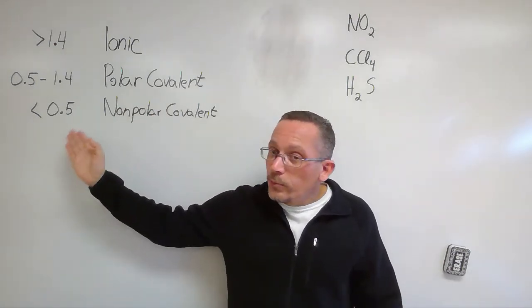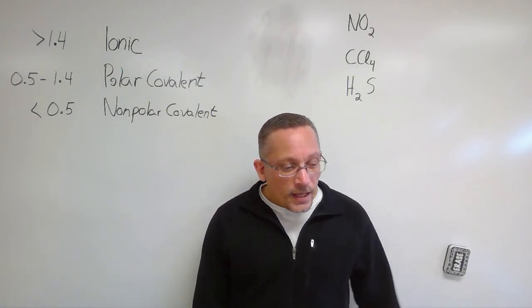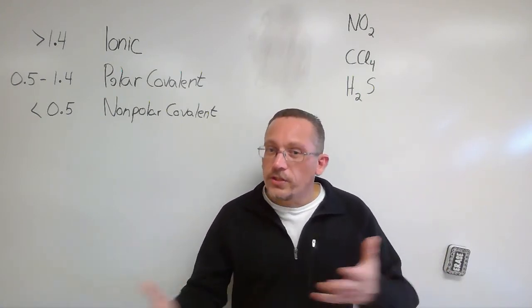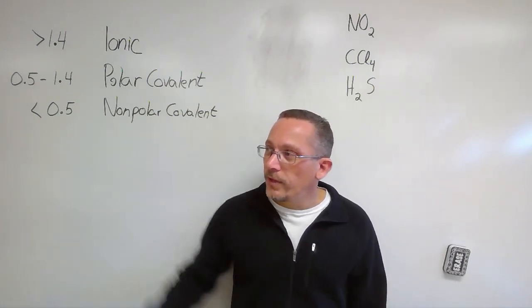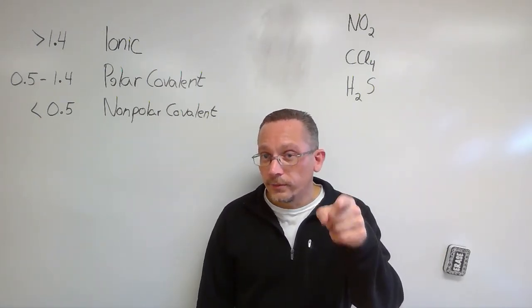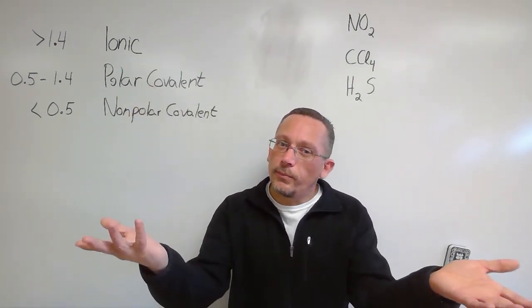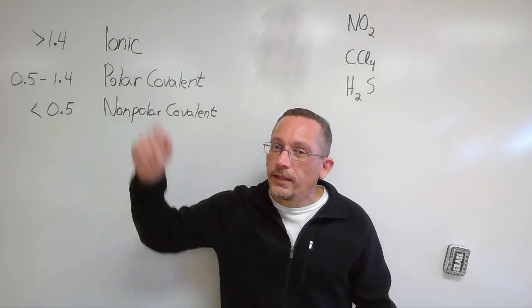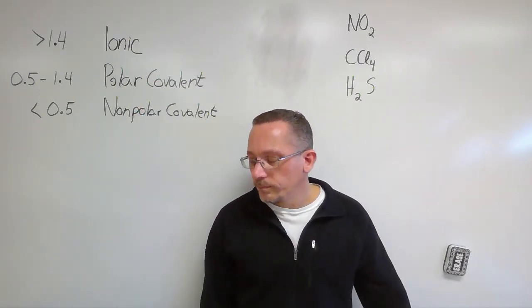If it's exactly 0.5, then say it's slightly polar. In terms of getting a question right or wrong, if you get exactly 0.5, say it's polar covalent. If you get exactly 1.4, look and see if there's a metal in it. If there's a metal, it's ionic. If there's not a metal, it's polar. Probably never come up though.